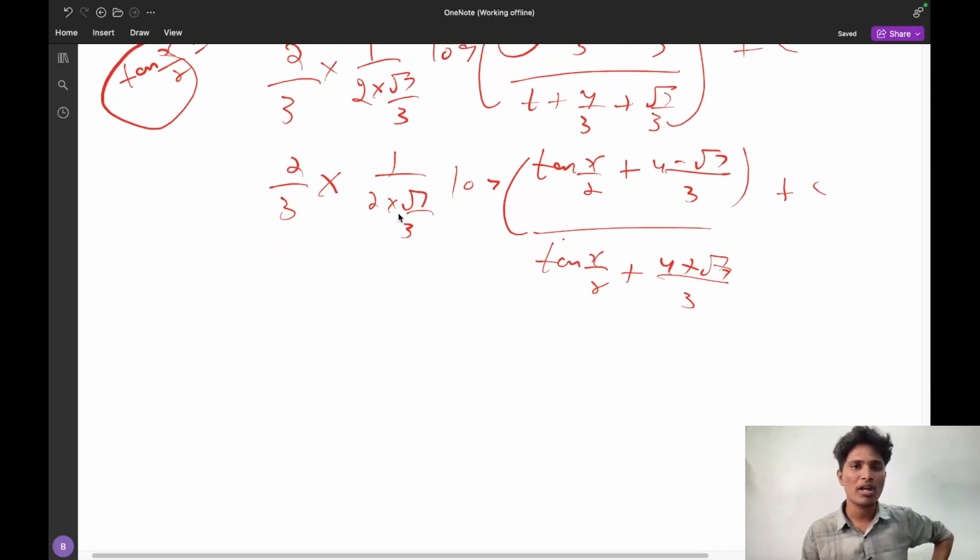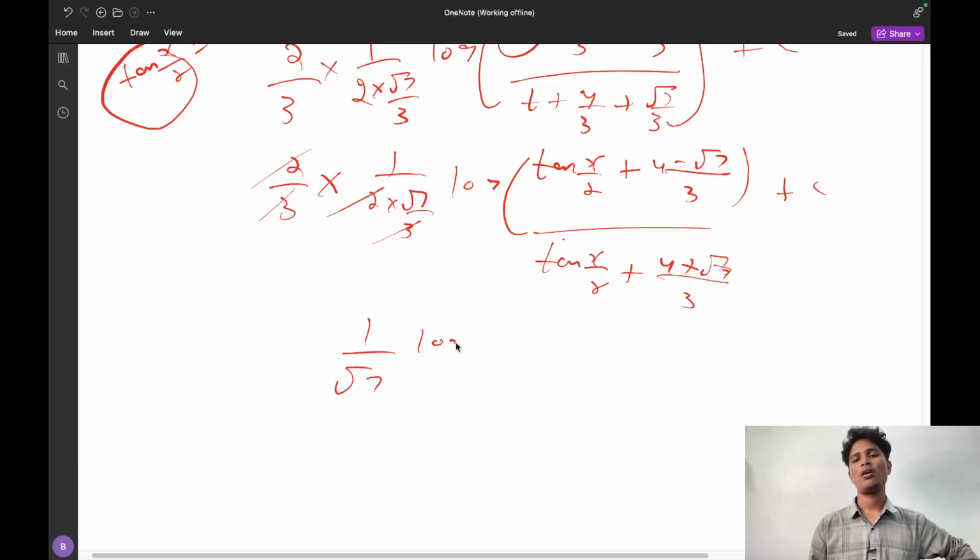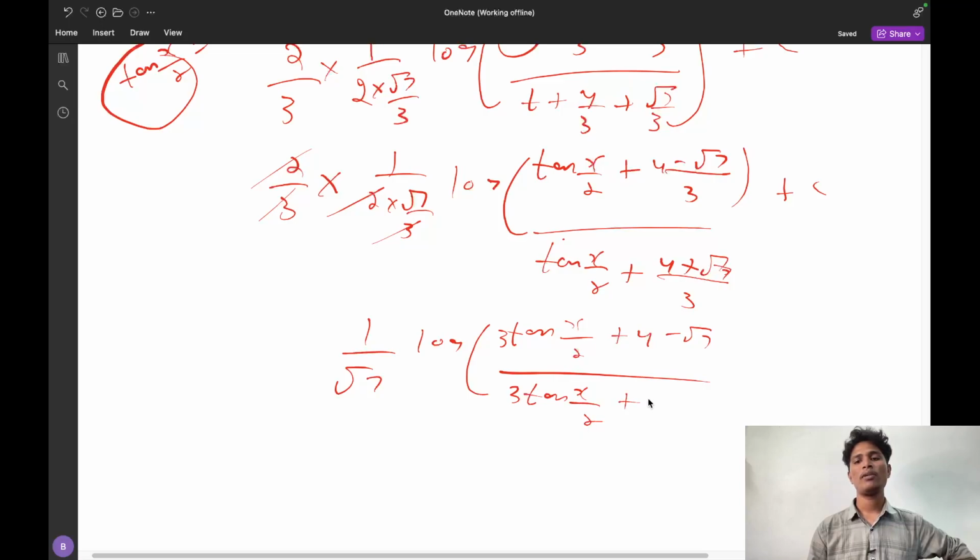And if I solve this one, what will I get? The 2 cancels, the 3 cancels. So I will get 1 by root 7 log of 3 tan x by 2 plus 4 minus root 7 divided by 3 tan x by 2 plus 4 plus root 7 plus c.